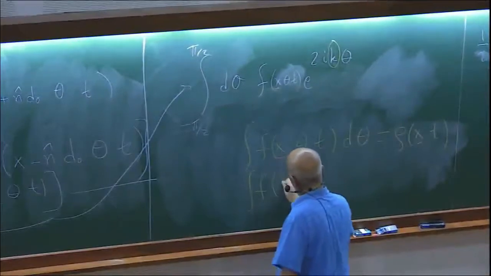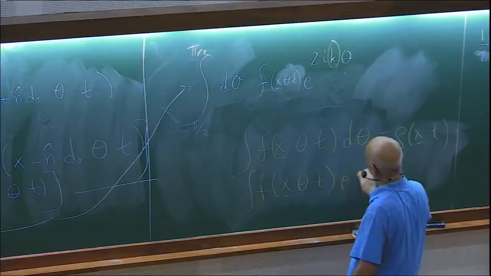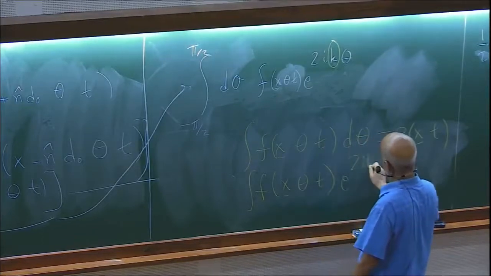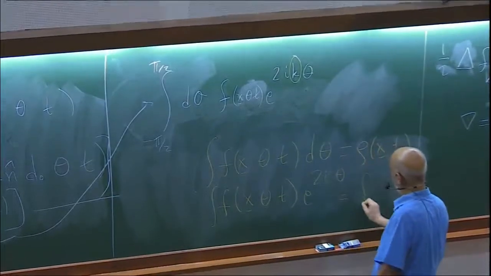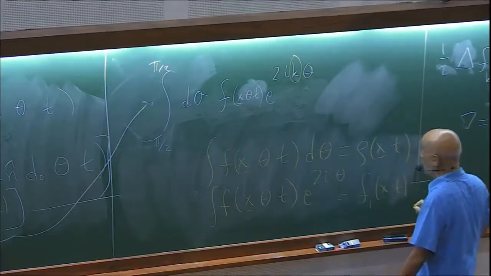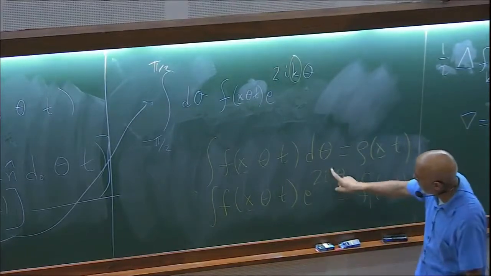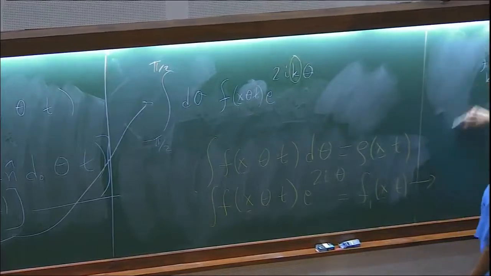The integral of f of x, theta, and t times e to the 2i theta, that I'll call f1 of x and t, and that is related to the nematic order parameter in a slightly complicated way.